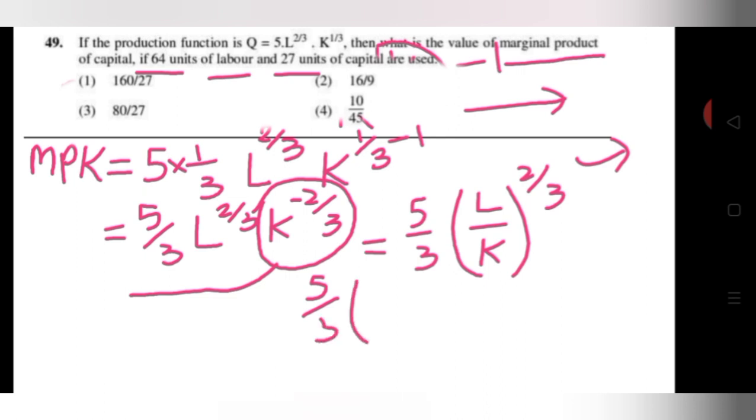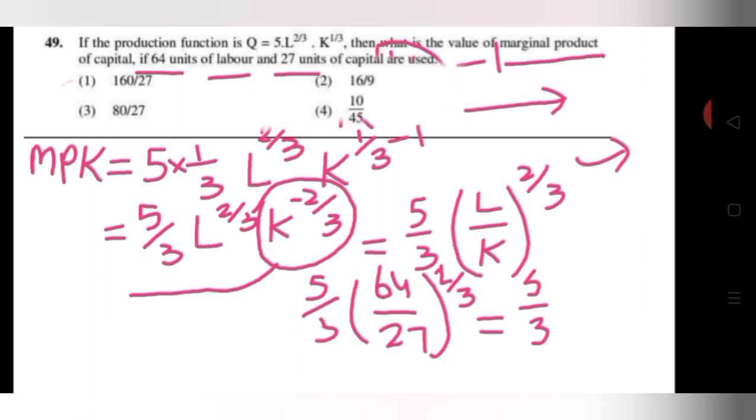Now L is 64, so this is 64 divided by capital, which is 27. So we will write 27 to the power 2 by 3. Now this will become 5 by 3.